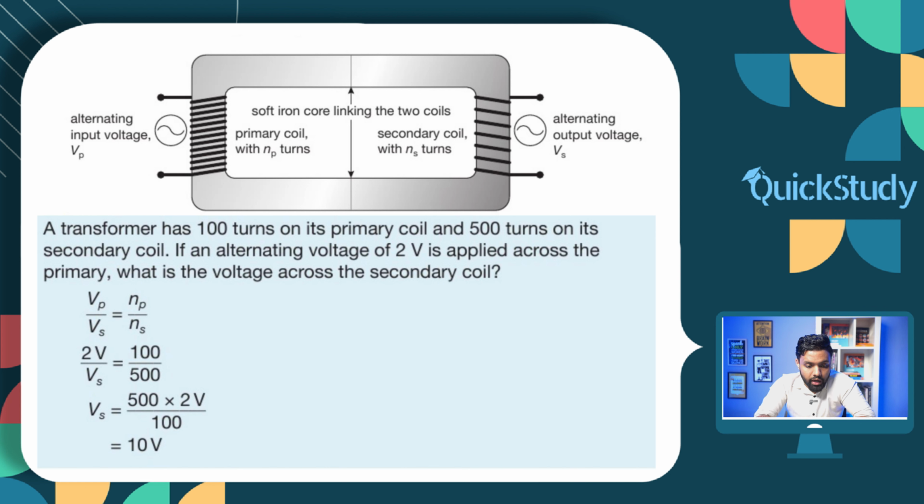Putting them into the equation would be 2 V divided by Vs is equal to 100 divided by 500. Doing the triangle method, Vs would be equal to 500 multiplied by 2 divided by 100. So the answer would come out as 10 volts. The produced voltage would be 10 volts.